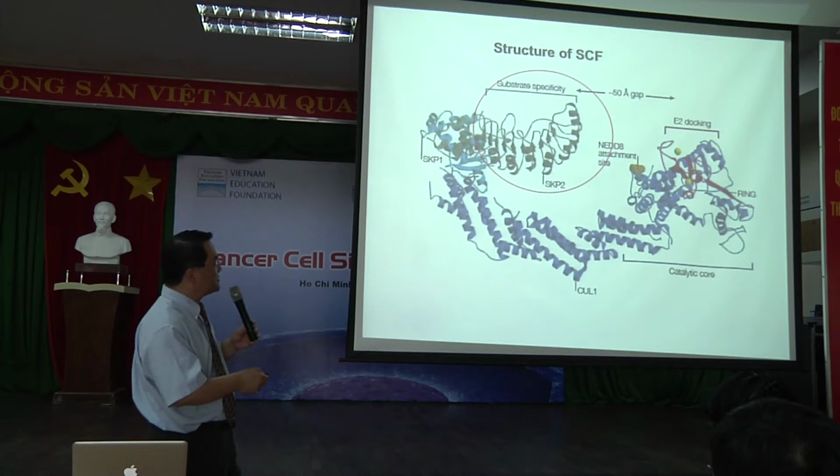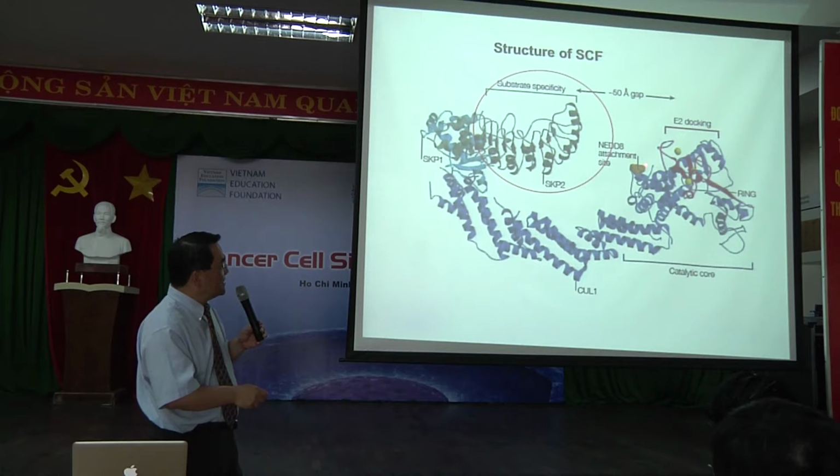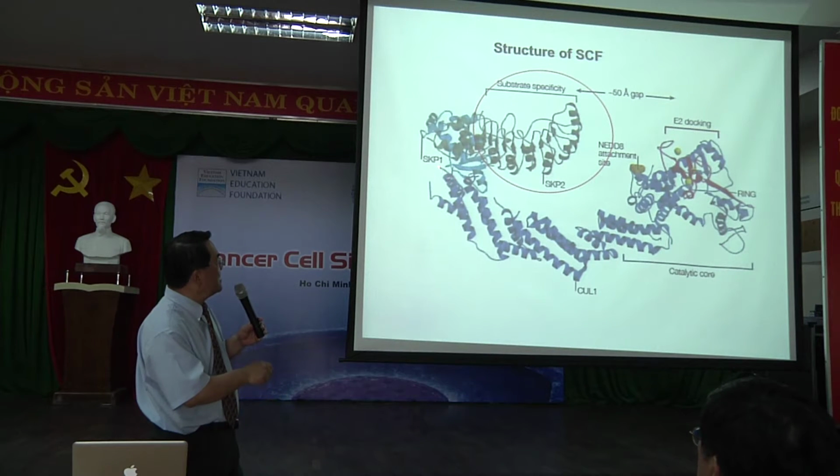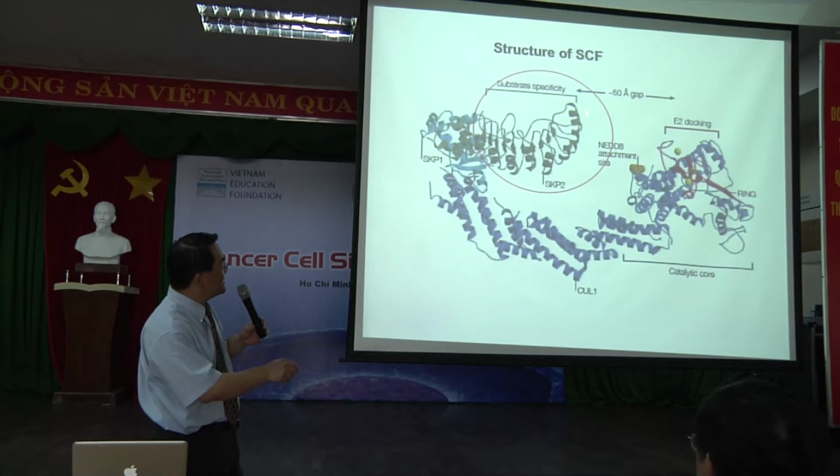You can see here, Cullin has a domain to interact with SKP1, and SKP1 interacts with SKP2. This is the F-box protein, and it is able to recognize the substrate.